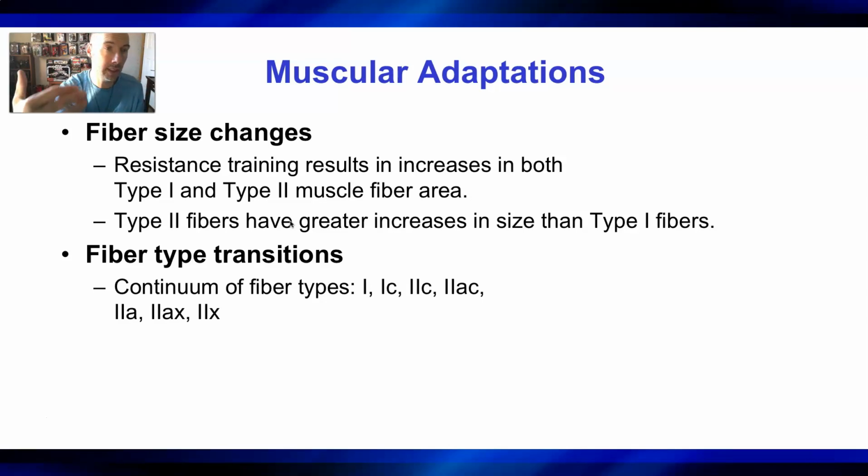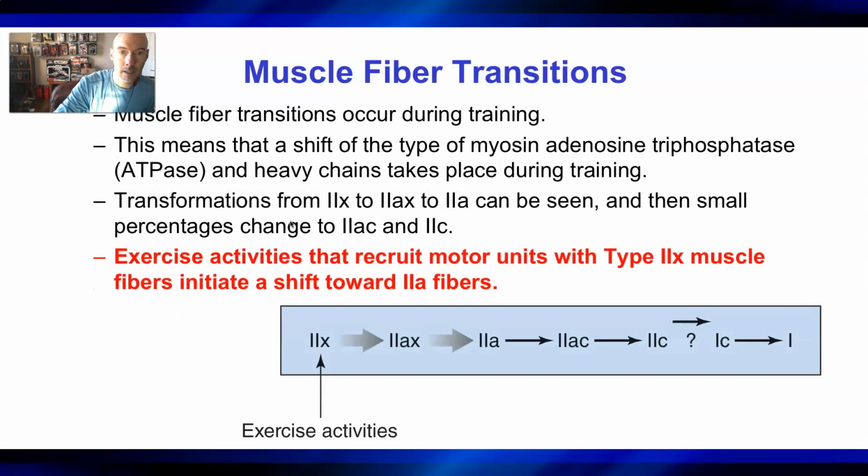So the transition that we see typically is this shift of your type 2X fibers, which are the most explosive and least fatigue resistant, towards what we would call a type 2A fiber, right? Type 2A still can produce high levels of force, but it has better fatigue resistance than the type 2X, okay?